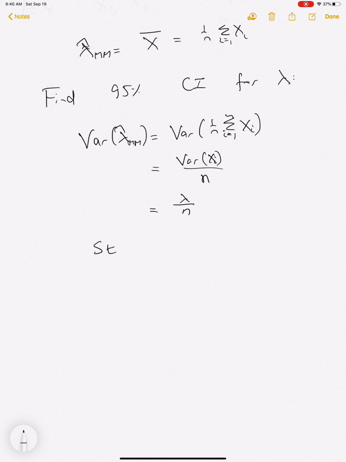So our SE of lambda hat mm is the square root of lambda over n, but you don't know what lambda is, that's what we're trying to estimate. So you can use this pretty good approximation where we plug in lambda hat mm over n.